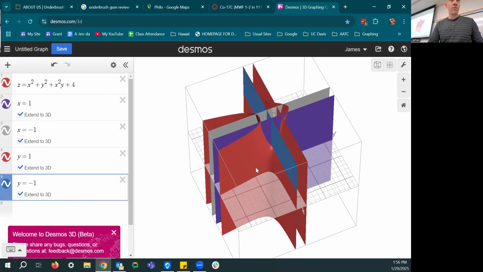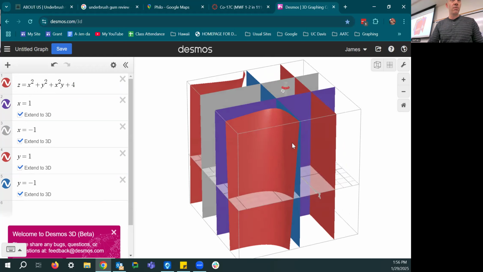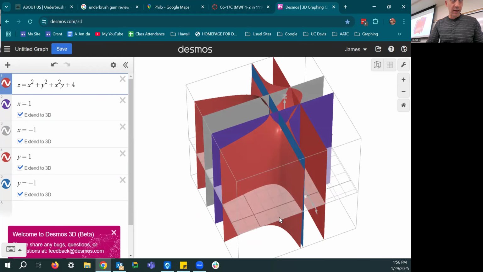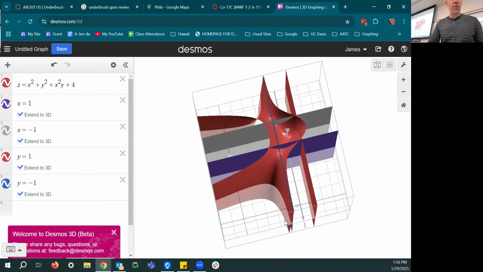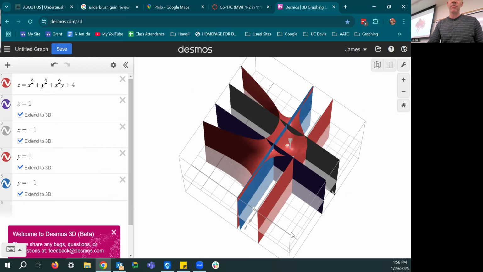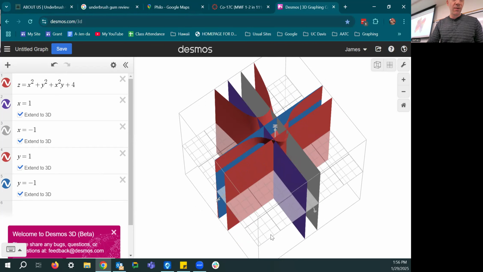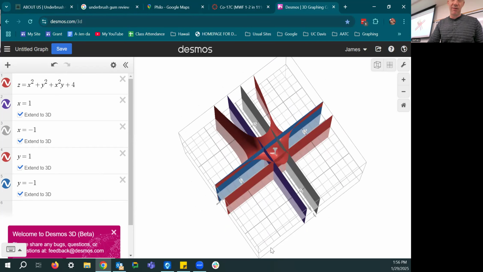Zoom in a little bit. So we're looking at that kind of red surface that's just in the middle of that. Sorry, I feel like I'm really jacking it up here. You can kind of see it in there maybe a little bit.